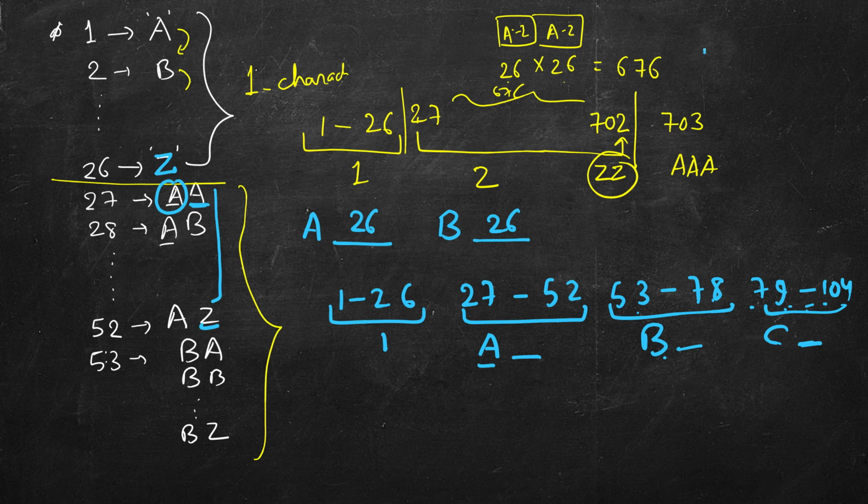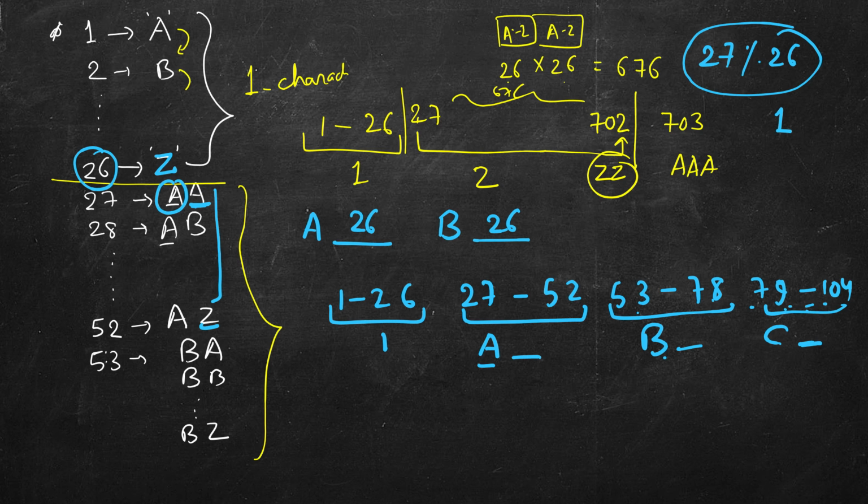Similarly, for 27, if you take the modulo 26, whatever the remainder is, you take that index. In this case, the remainder is 1, so you take the first character, that is A. In the multiples of 26 case, the remainder is 0, so you take 26.